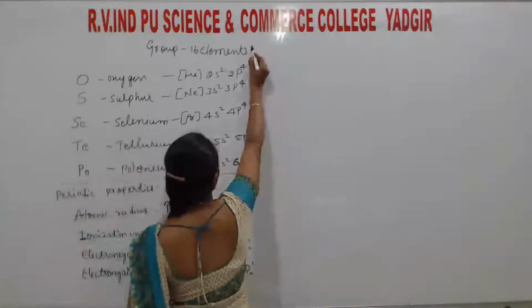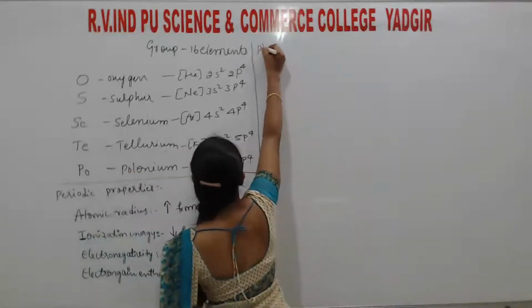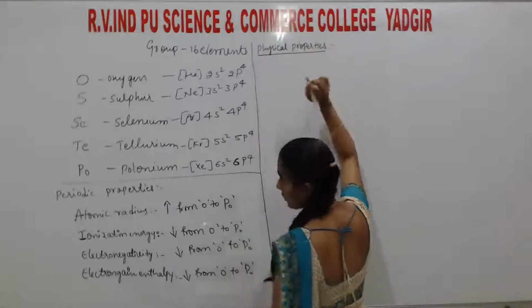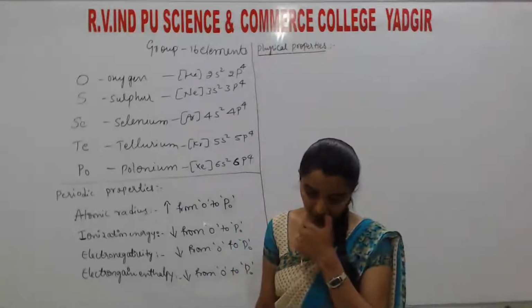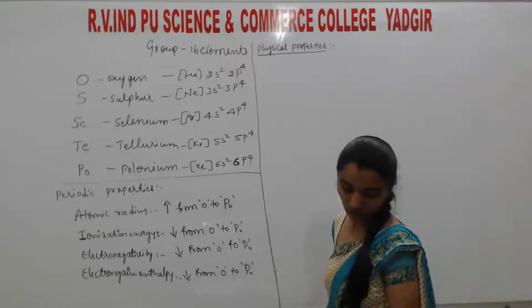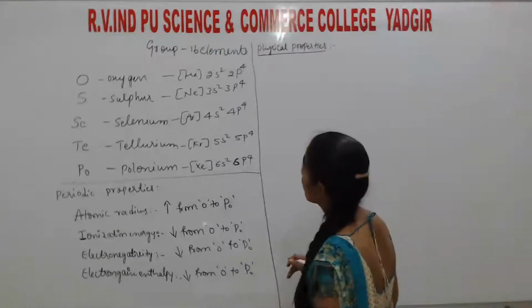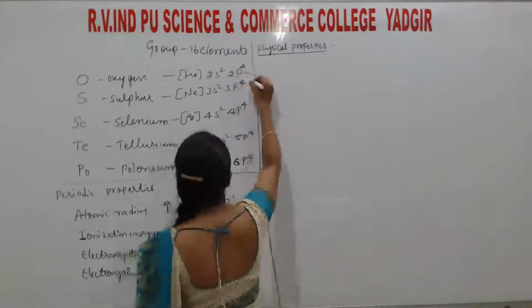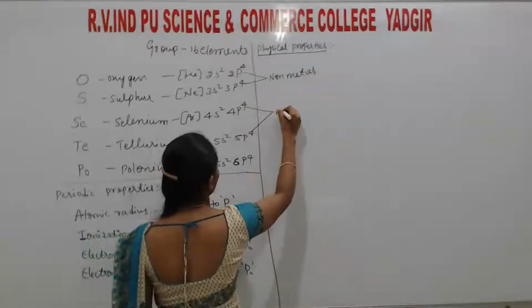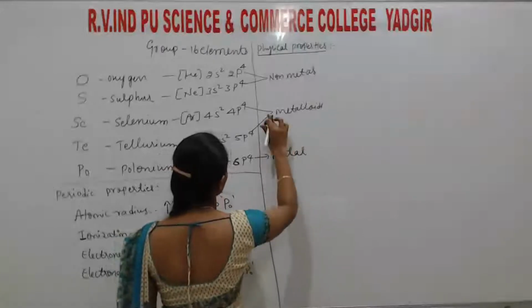Next is physical properties. Listen, here, oxygen and sulfur are non-metals, selenium and tellurium are metalloids, and polonium is a metal.